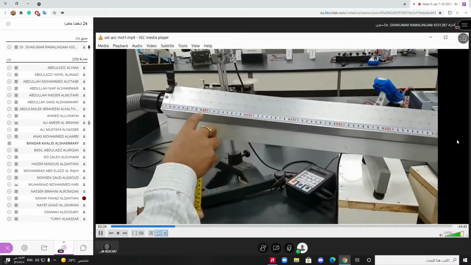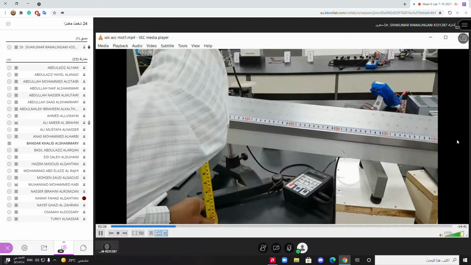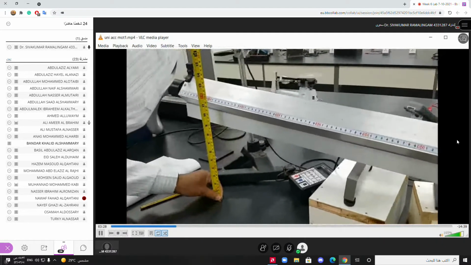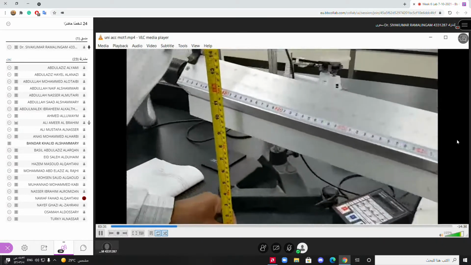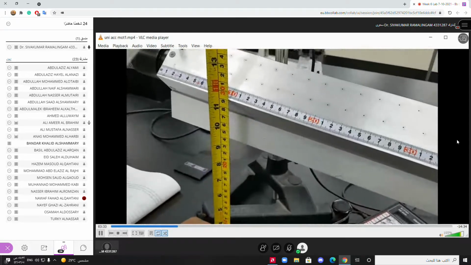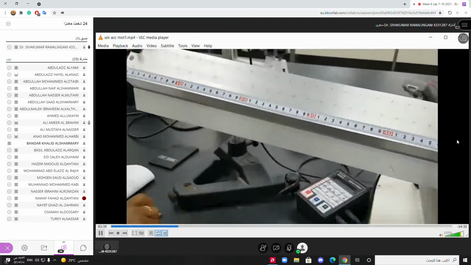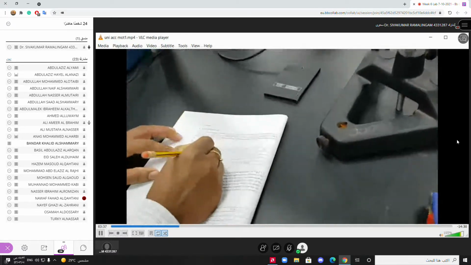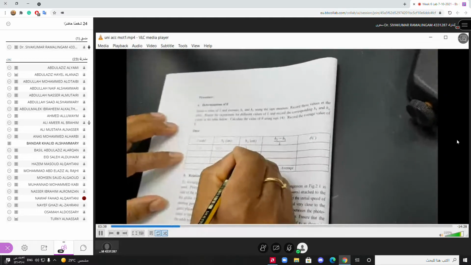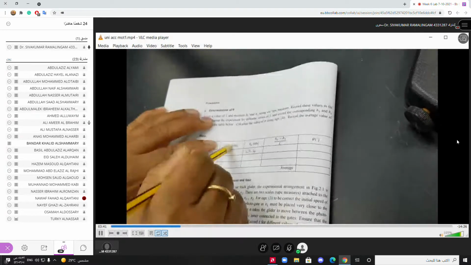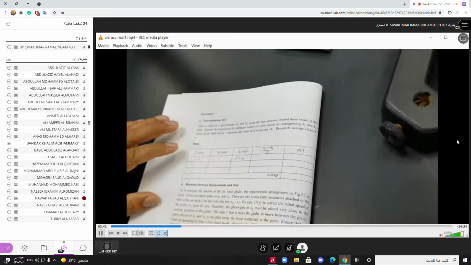Take the tape measure, fix the value 10, and measure the height from the table. It is 29.4. 29.4 is your h2.